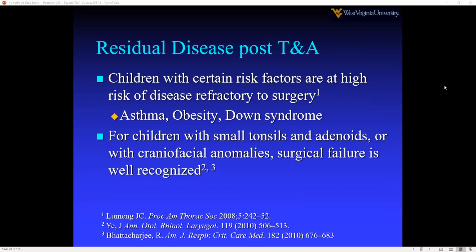So again, high risk factors, obesity, asthma. For some reason, asthma is a risk factor. I think I mentioned last time that we have one of our pediatric pulmonary colleagues looking at that with me right now. And then the kids that have small tonsils or adenoids can have a perhaps higher risk of residual OSA, and certainly craniofacial abnormalities.